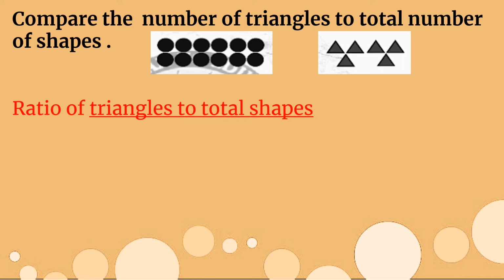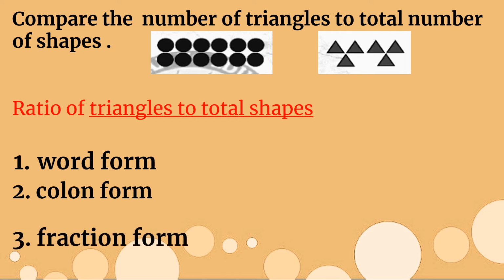Okay, next. Compare the number of triangles to total number of shapes. So, dito naman, i-compare naman natin o ikukunin natin yung ratio ng triangles muna to the total number of shapes. So, kanina, nabilang na natin yan. We have 6 triangles and total shapes is 18. So, isulat natin ulit into word form, colon form, and fraction form.